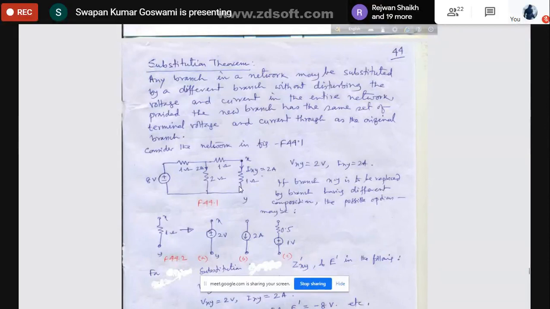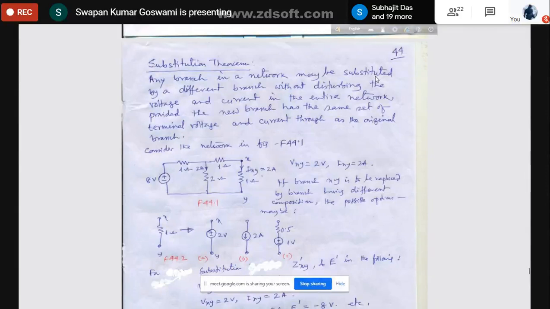If the circuit voltages and currents are not disturbed, you may represent this resistance in the form of some other component of the circuit. That means a circuit element may be substituted by another form of circuit element, provided the current-voltage relation is not disturbed. This is the basic content of the theorem.